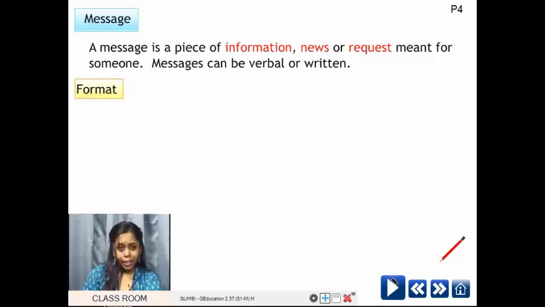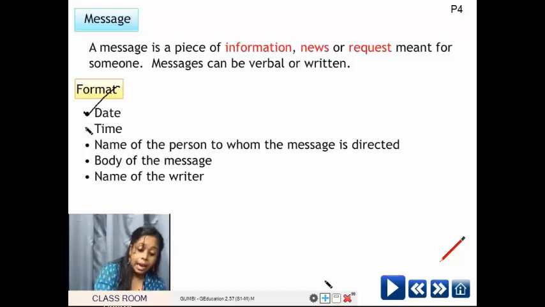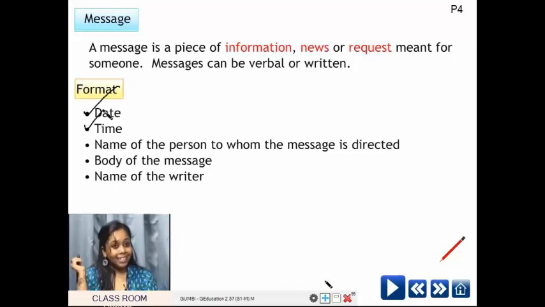Now format. I think all of you know what's the format. I have shown you. First, you'll have to mention the date. The date when you are writing the message. And then the time. The time when you are writing that message. So, date comes first, then time, and then the name of the person to whom the message is directed.